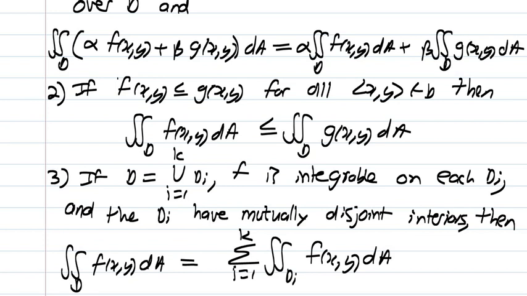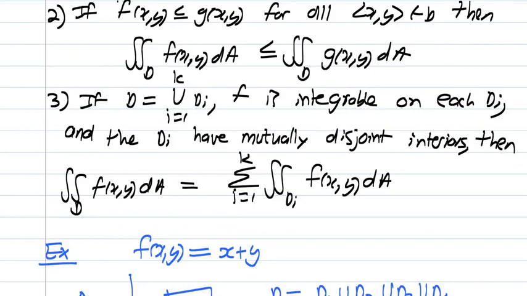Then you can show that the double integral of f over D is precisely the sum of the double integrals of f over each of the regions, just adding it up. So what this result is saying is that if your region has k disjoint parts, and if f is integrable on each of the k disjoint parts, then f is integrable over the entire disconnected region.